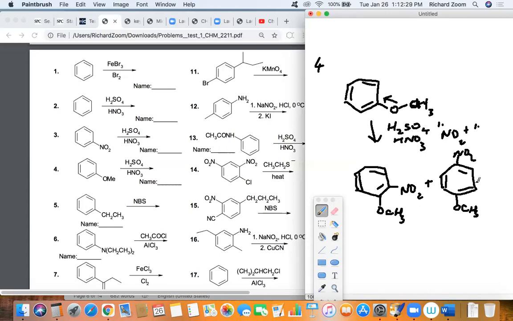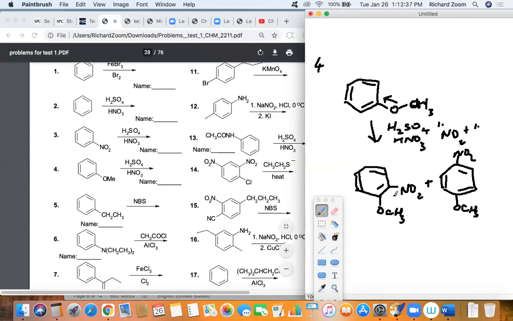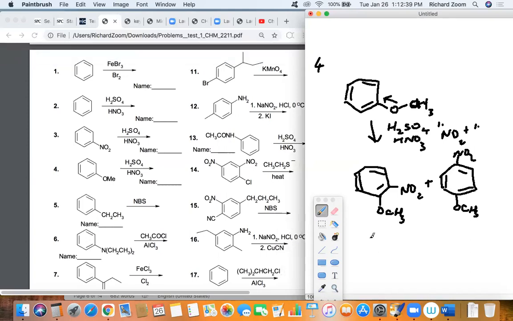Okay. So that's what you get. And that's what you'd put down for that. Now, I'm going to show you something else here. They're not formed equally, by the way. This would be about 64%, and the para would actually be about 36%.